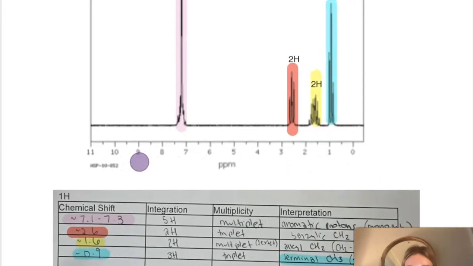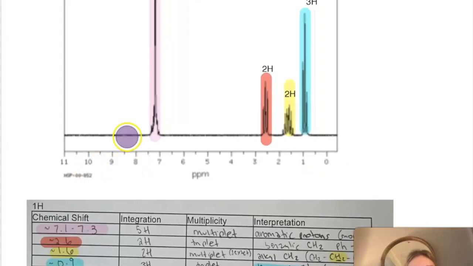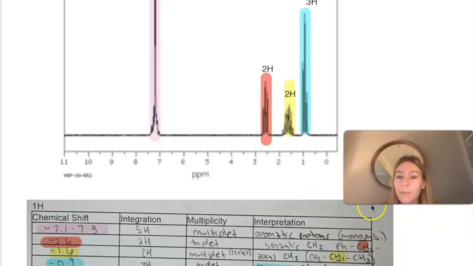I already have this drawn out for us, but we have these 4 sections here. The first one we can look at is right here, 7.1, 7.3. This is 5H. So I immediately thought, oh, these are our aromatic protons. So in this case, it is a mono-substituted benzene ring.